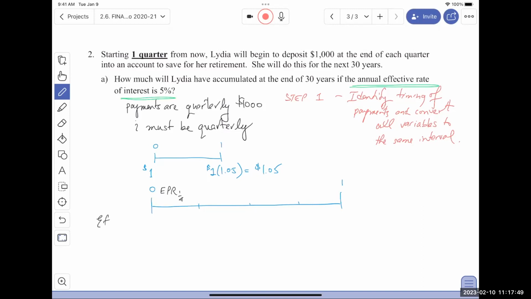Some people don't like symbols, but they're supposed to be helpful. If they don't help you, just write it in words. Effective period rate over a quarter. So a quarter is 3 months, right?